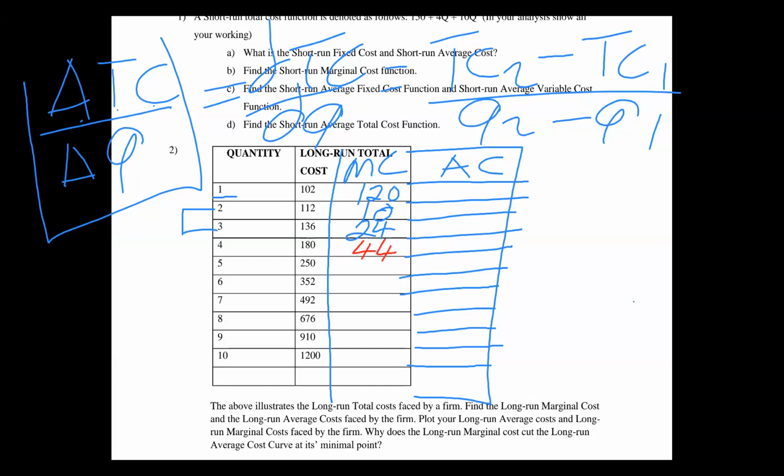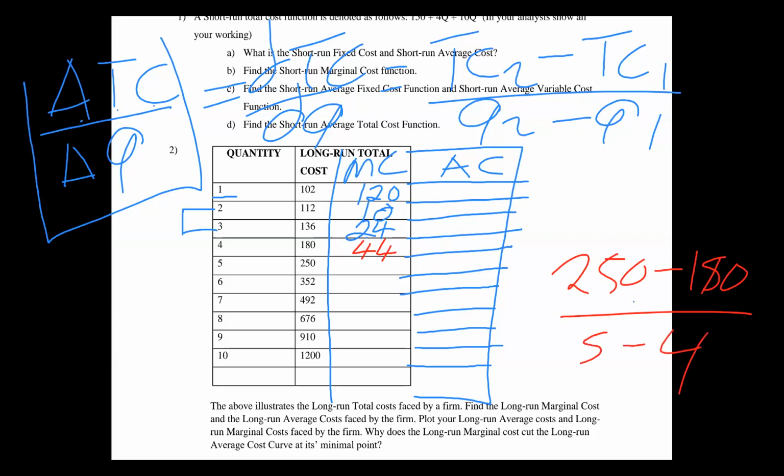And then you say 250 minus 180, divided by 5 minus 4. And what do we find? 70. Okay.